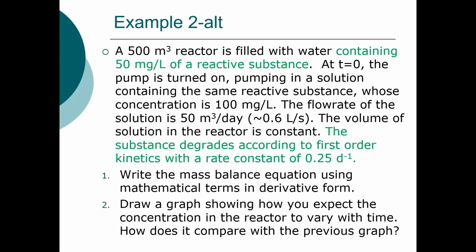What if instead of having a pure solution initially, we have a 50 milligram per liter solution? So what we change now is we have a 50 milligram per liter solution. This is C naught.